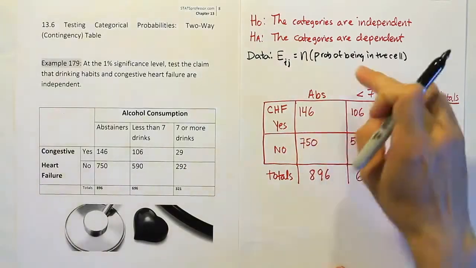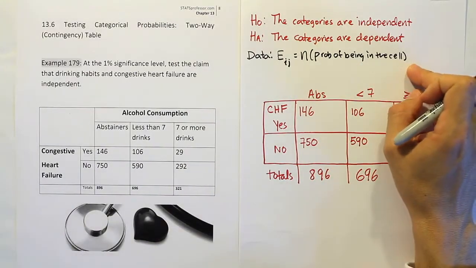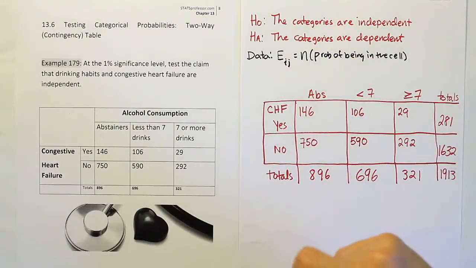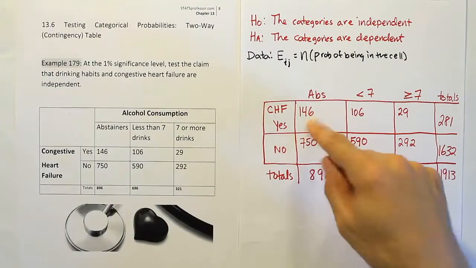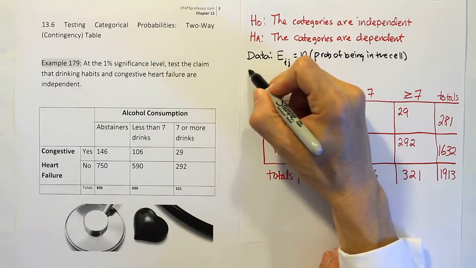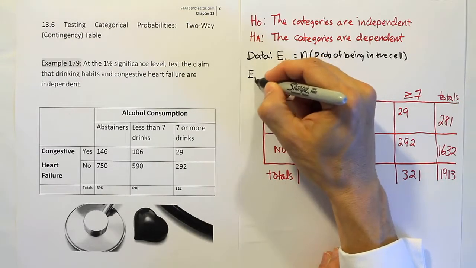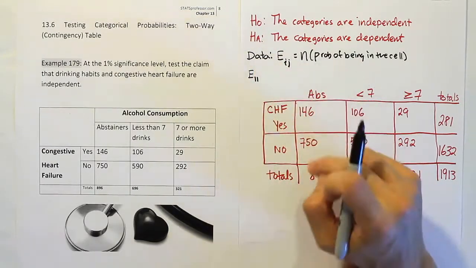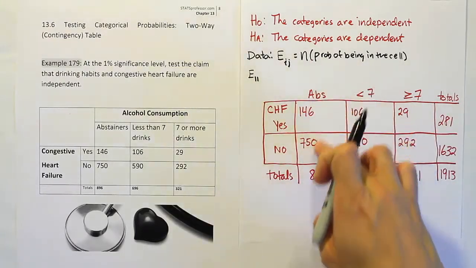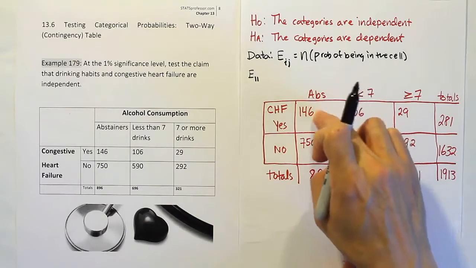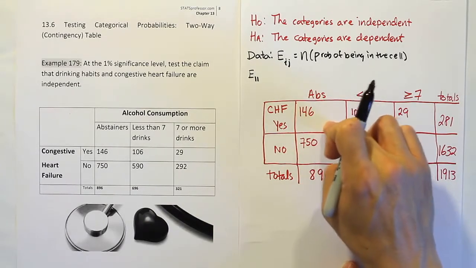But the question is, how do you figure out this probability of being in the cell? Well, if we assume independence, it's just the probability that somebody is an abstainer, for the first cell here, for example. So let's take expected value 1,1. What does 1,1 mean? That means the expected value for the cell in the first row and the first column. That's here, the abstainer and congestive heart failure yes position, right?